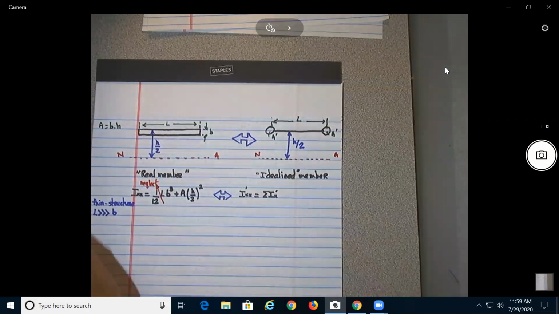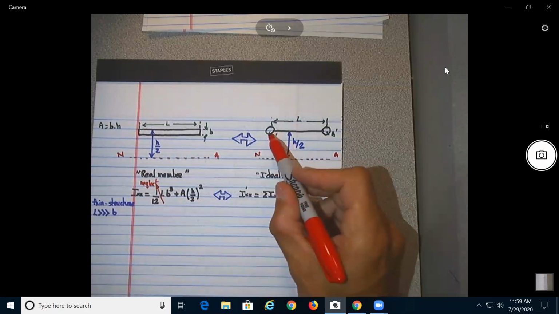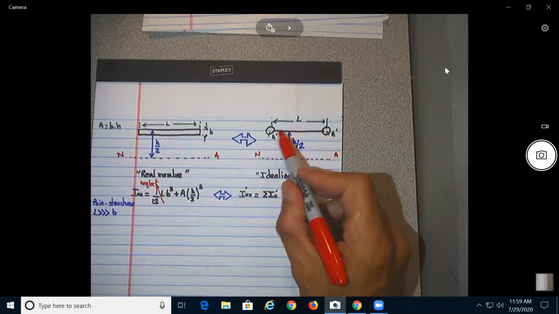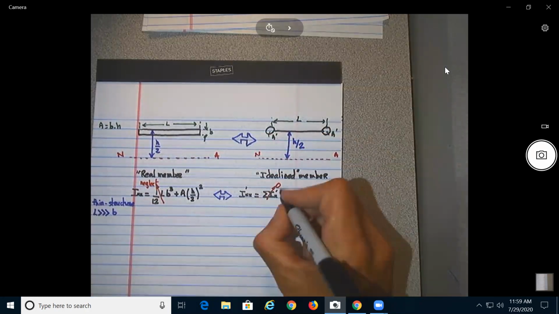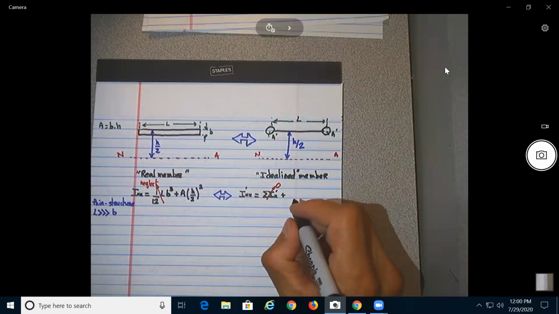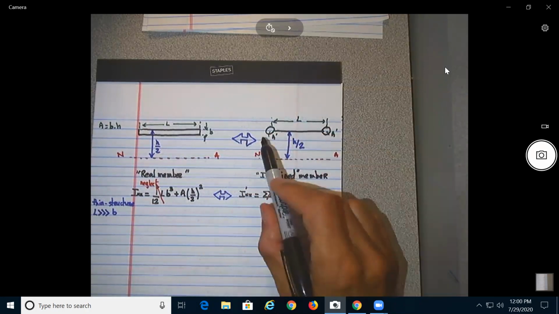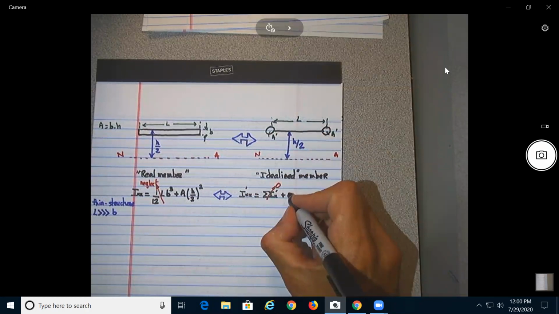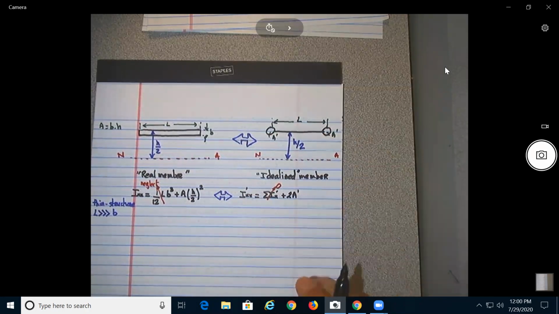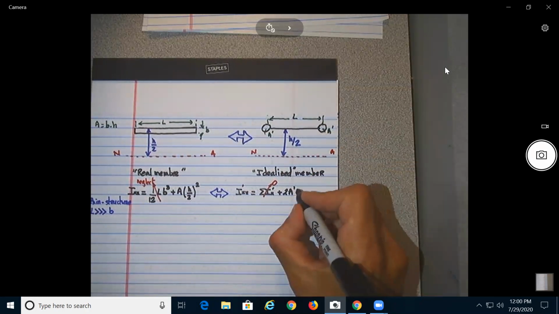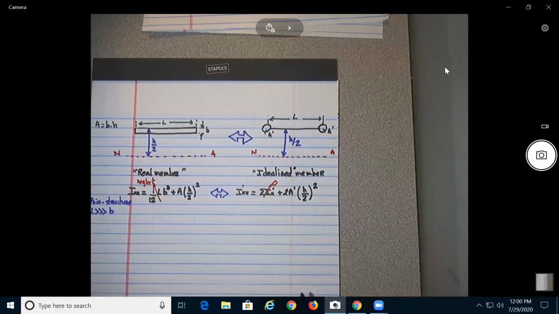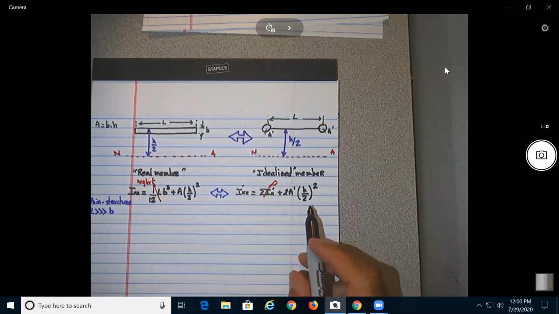The moment of inertia of the two circular masses is assumed to be 0. And now we have two A prime. And how far are they from the neutral axis? At a distance of H/2 squared. So basically this term is identical to the one before. Okay? No changes.